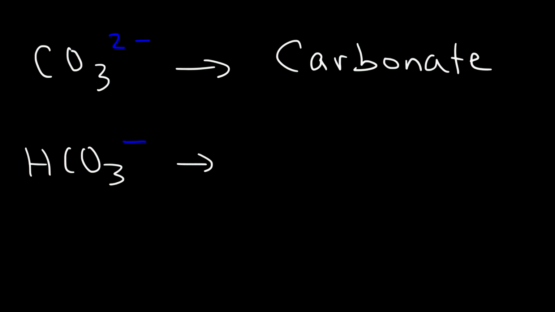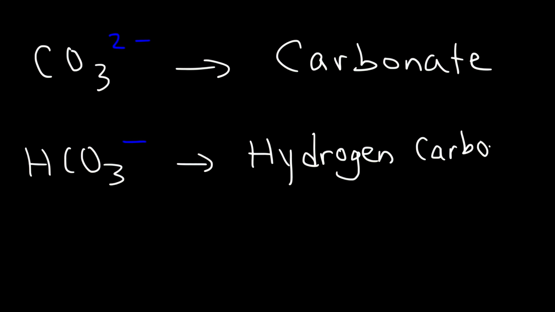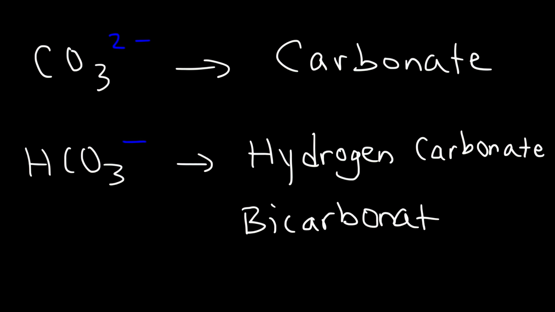HCO3 minus is called hydrogen carbonate because you have a hydrogen in front of it. Sometimes this could be referred to as bicarbonate. So just keep that in mind. If you see bicarbonate, it's the same as hydrogen carbonate.